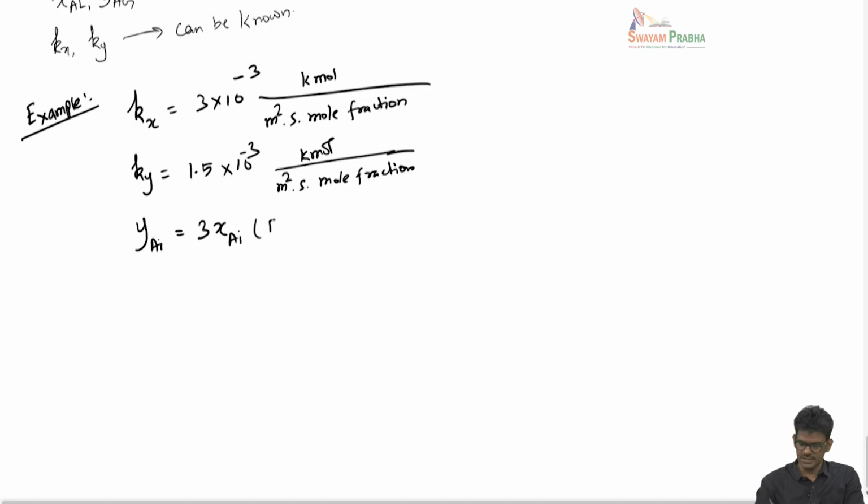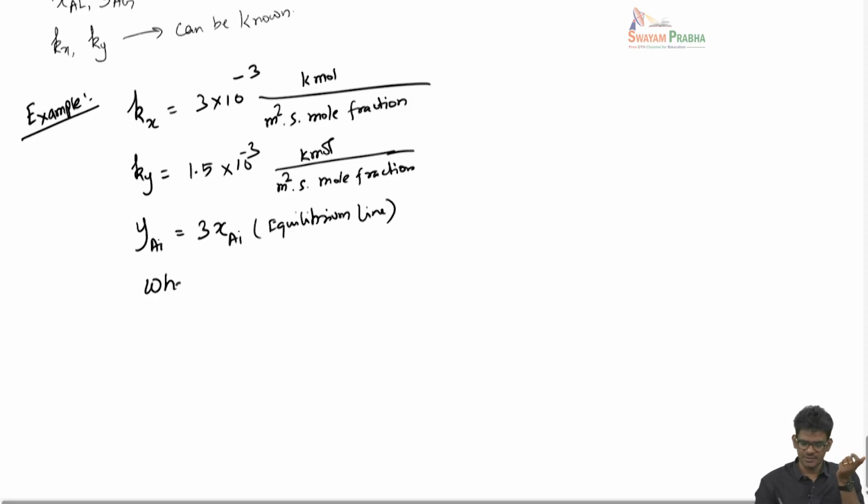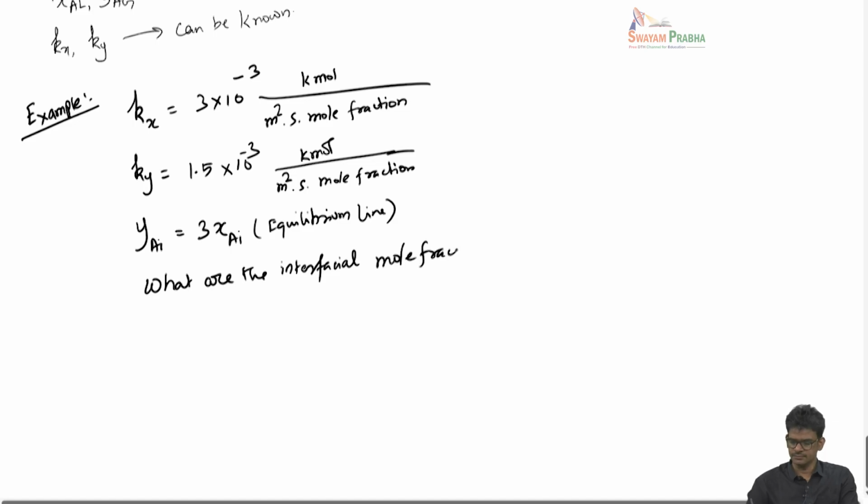Okay, this is the equilibrium line. So two mass transfer coefficients are known and the equilibrium line is known, and you may be asked to calculate what are the interfacial concentrations, or mole fractions, and the mass transfer rate NA.